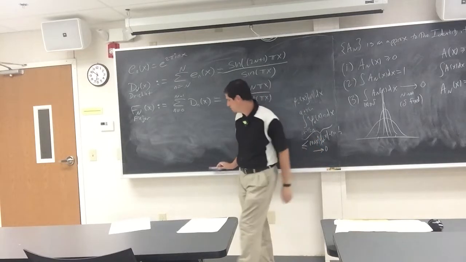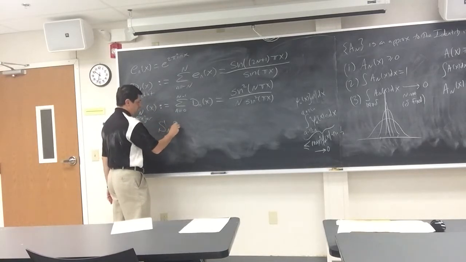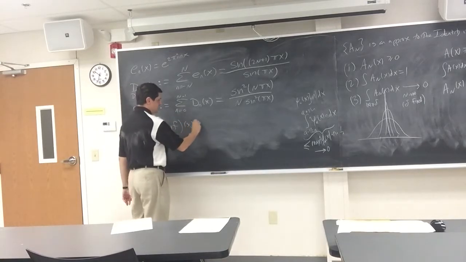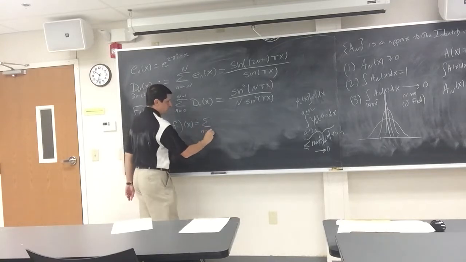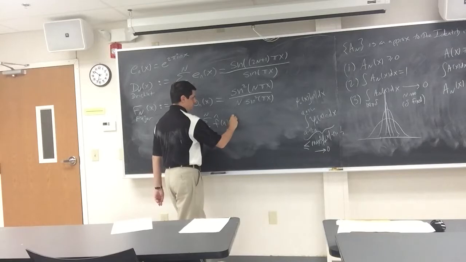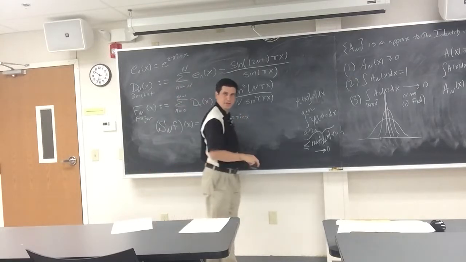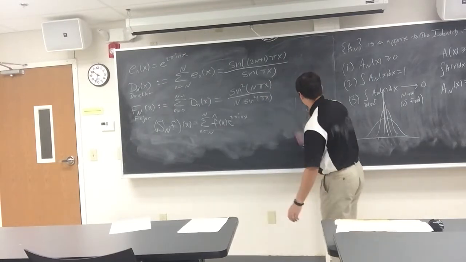Why do we care about these? S_N f of x is the sum, n goes from minus N to N, of f hat of n e to the 2 pi i n x. Right? This is the Fourier series that we want to study.